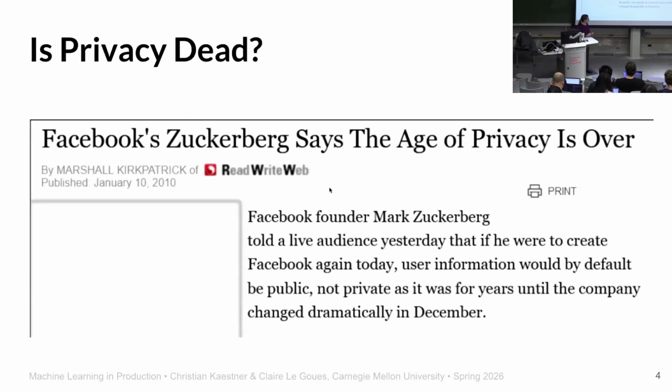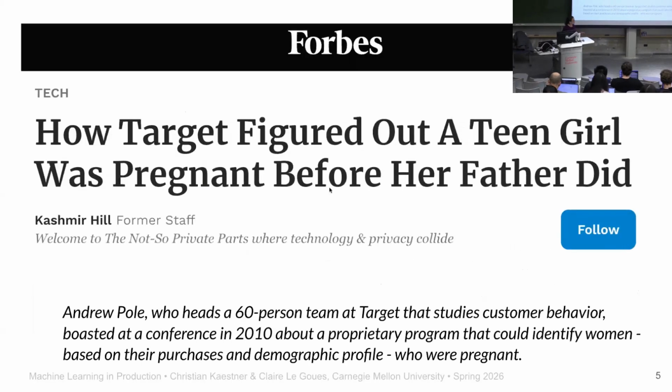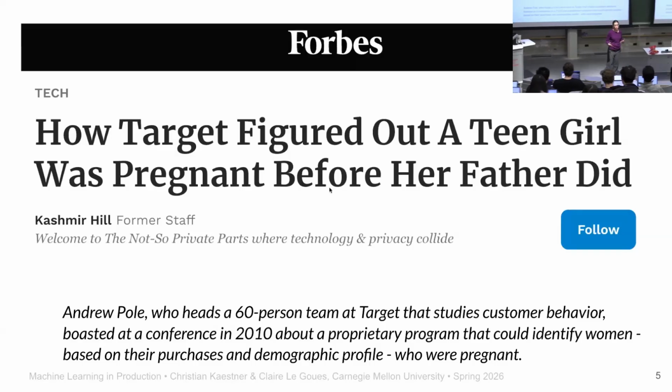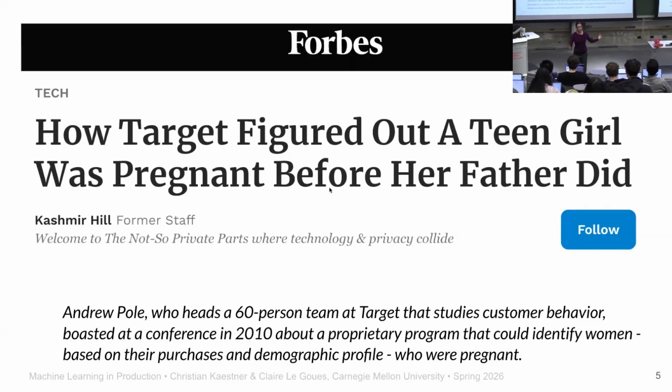So some might argue that privacy is dead. This is from 2010, where, before transformers, right? Like, never mind LLMs. Privacy was dead. Like, there was coverage like this around about the same era about how machine learning and data analytics were able to do things like figure out that customers or potential customers are pregnant before the rest of their family knows, right?